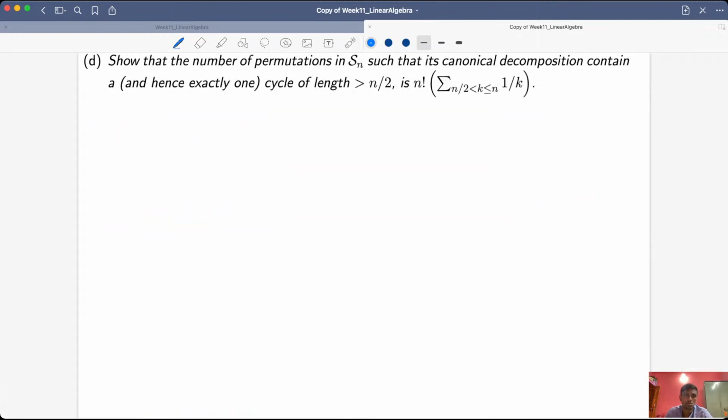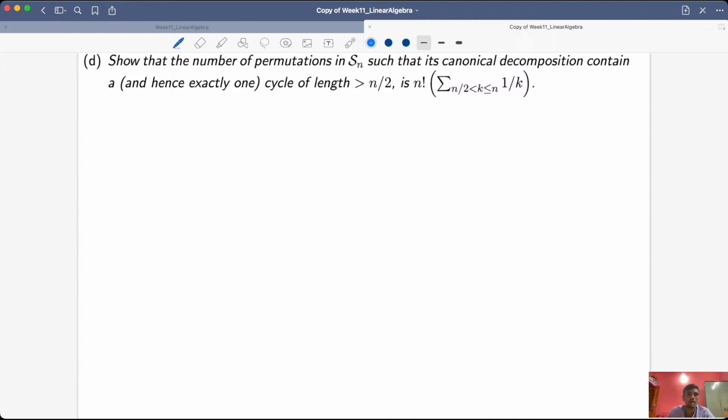Here also we need to find the number of permutations in Sn whose canonical decomposition, that means if we write that permutation as a product of disjoint cycles, contains a cycle of length greater than n by 2. That number is factorial n into this thing.